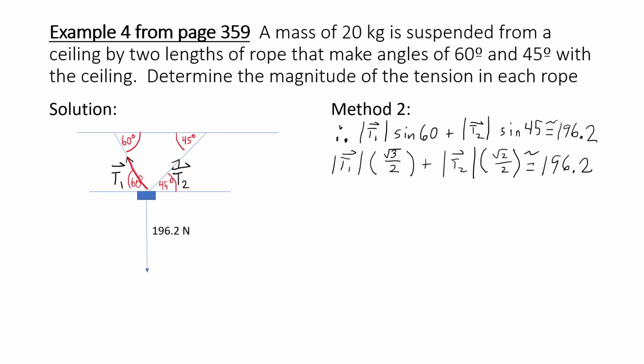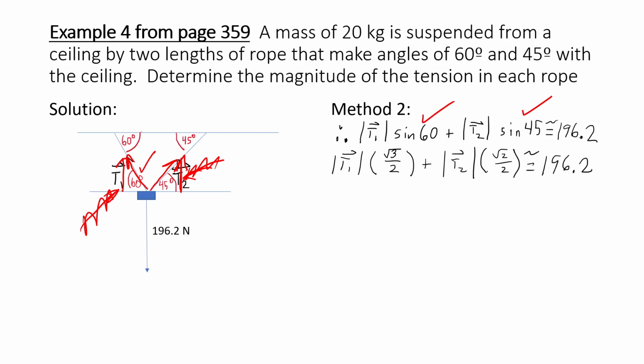So what is the vertical component of T1? Well, the vertical component of T1 is this vertical line that I'm drawing right there, that I'm pointing at. That vertical line is roughly equal to the magnitude of T1 times the sine of 60. And the vertical component of T2, there's T2 drawn. That vertical line that I'm pointing at here has a magnitude of T2's magnitude times the sine of 45 degrees.